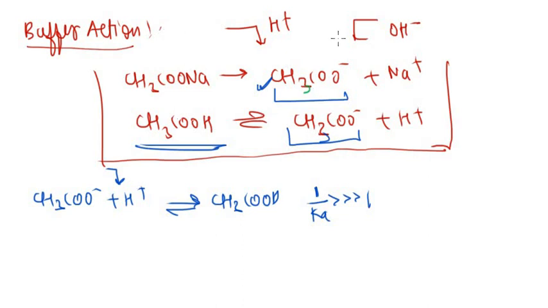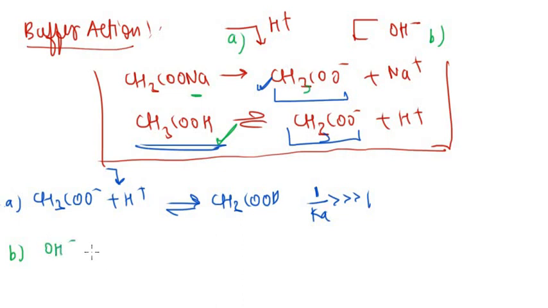Okay. Now we are adding this, let's say it is A case. Now we are adding base, B case. So what will happen now? When we are adding the OH negative in the solution, it will react with the acid. So we have acetic acid.